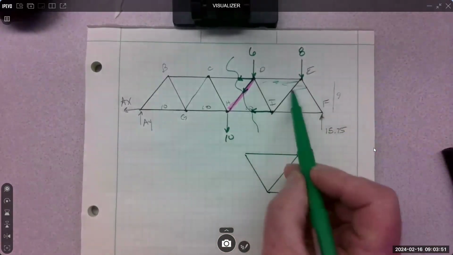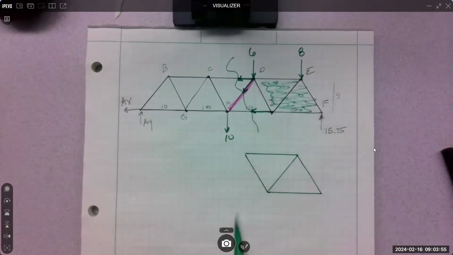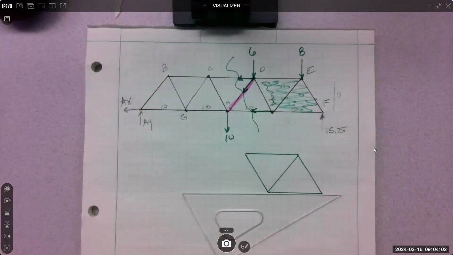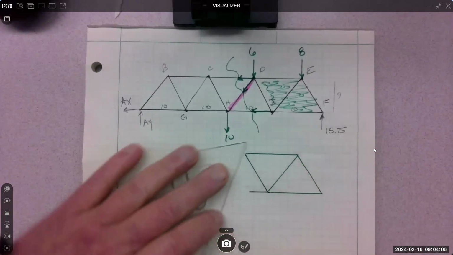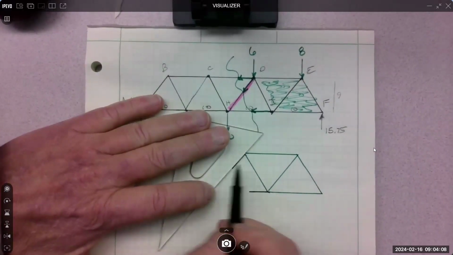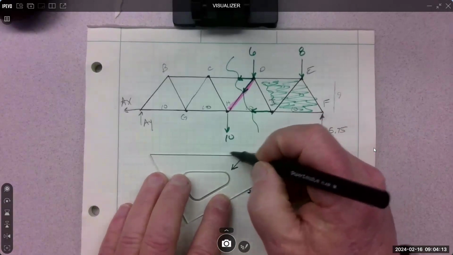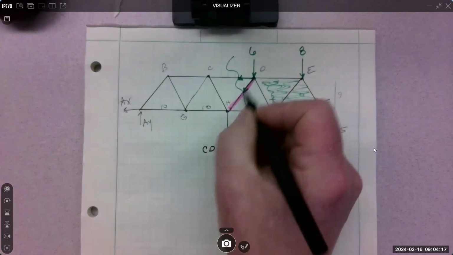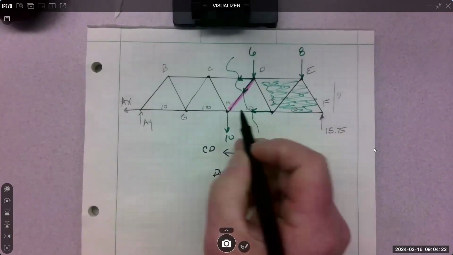And all of this is still connected. I've cut through it, and now for every member that I cut, I put in a force. You assume them all in tension, and you label them like you did before: CD, DH, HI.